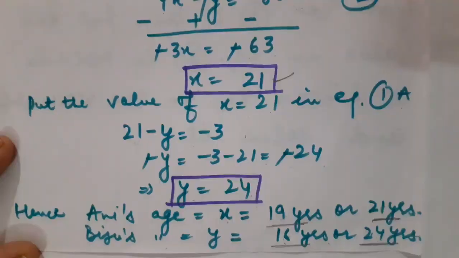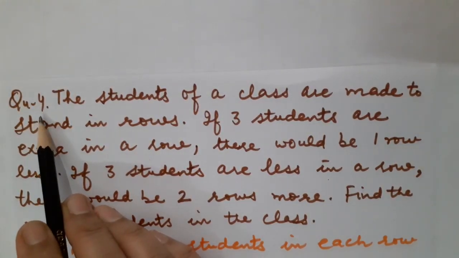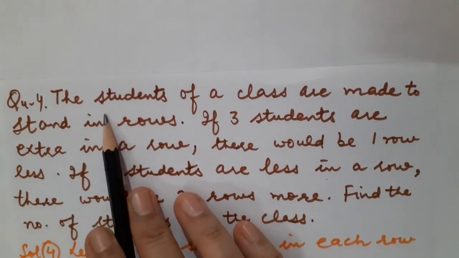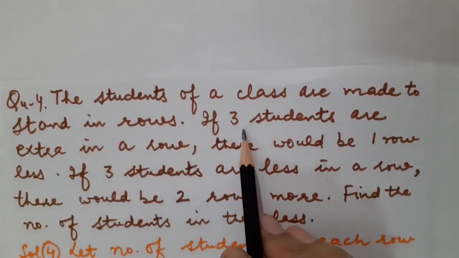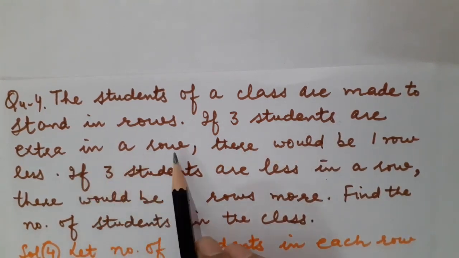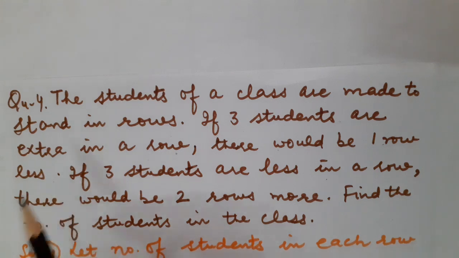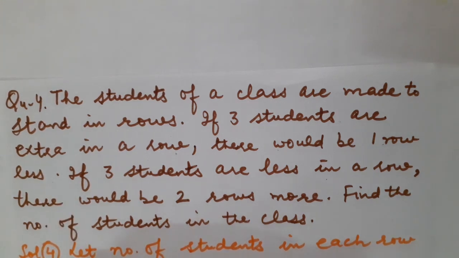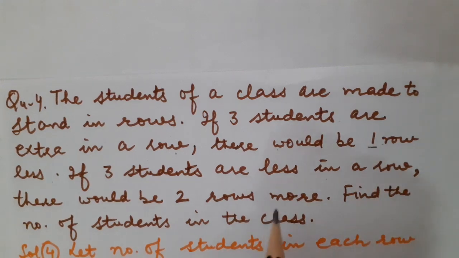Understood children? Now children, this is question number 4 from exercise 3.7. The students of a class are made to stand in rows. If 3 students are extra in a row, there would be 1 row less. Means if I increase the number of students in each row, then 1 row will automatically be reduced.